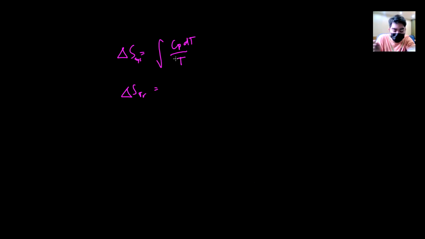Then we can just calculate it as the delta H of the transformation divided by the temperature at which that transformation occurs. These two are the common delta S we need to solve.